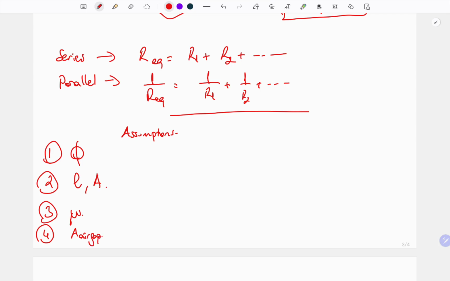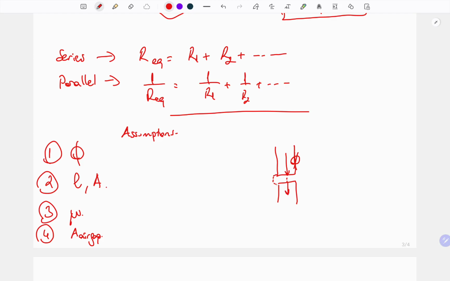The last one is about the air gap cross-sectional area. In practical applications, the air gap cross-sectional area will be larger than the cross-sectional area of the core because of the fringing effect of the flux. When we examine an air gap, the flux will come through here, let's say, and it cannot pass directly to the other side.